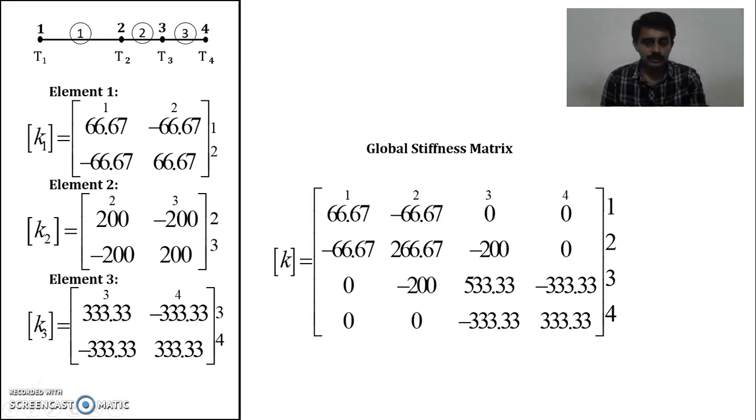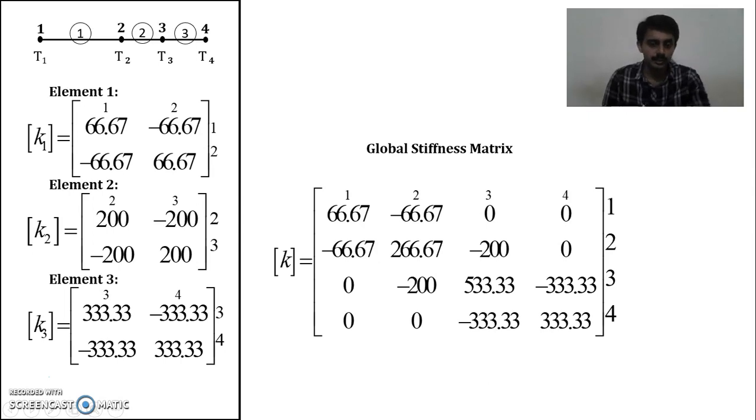In the first row and first column, these 3 elements are as they are from the first element. The second row, second column element is an addition of the second row, second column element of the first element and the second row, second column element of the second element, as shown on the screen.